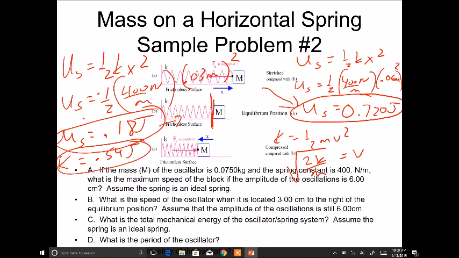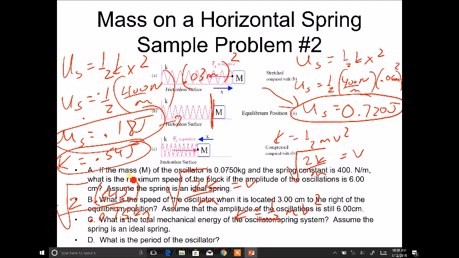So now we're going to use this 0.54 joules of kinetic energy, and we're going to set that equal to 1/2 mv squared, and we're going to solve for the speed. So K equals 1/2 mv squared. Again, solve that out for v. So v is going to be equal to the square root of 2 times K over m. In this case, we're going to have 2 times our kinetic energy, 0.54 joules, divided by the mass of our oscillator, 0.075 kilograms.